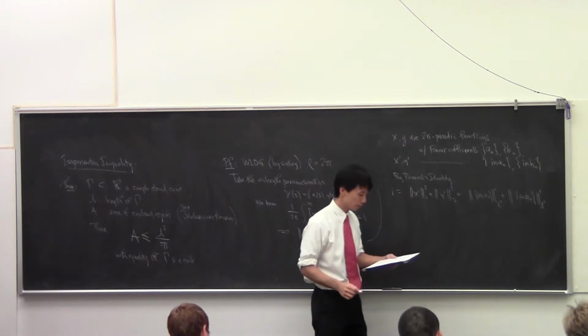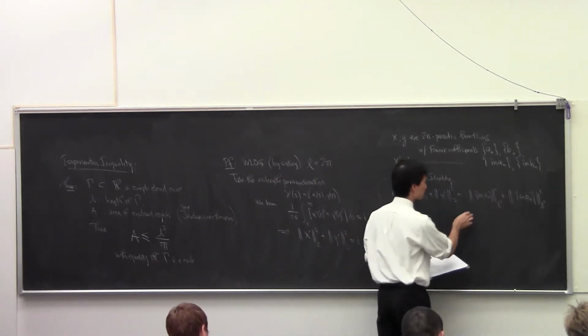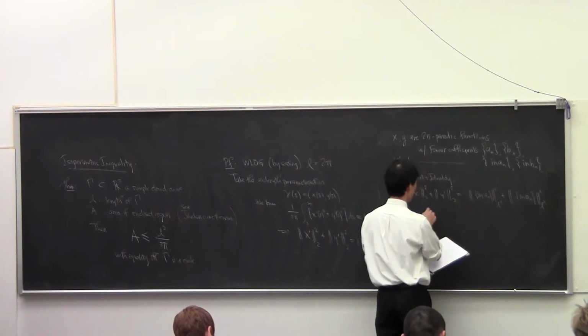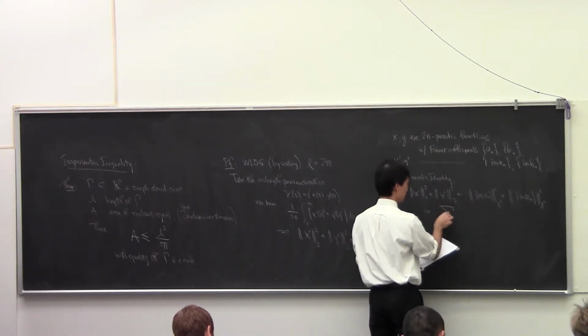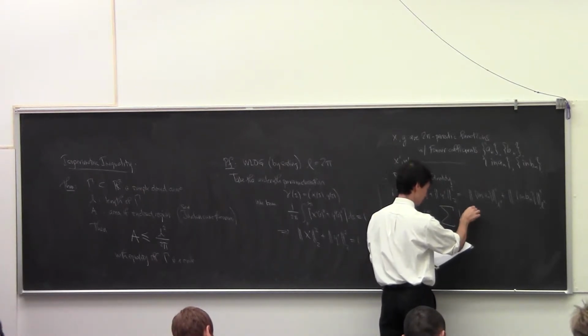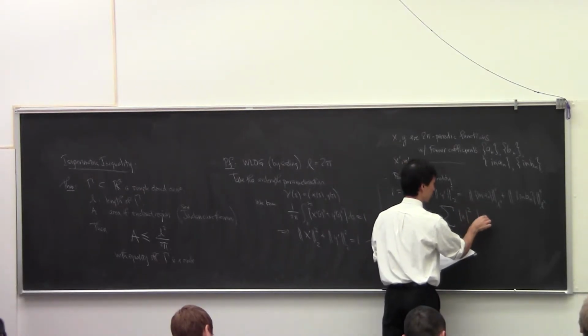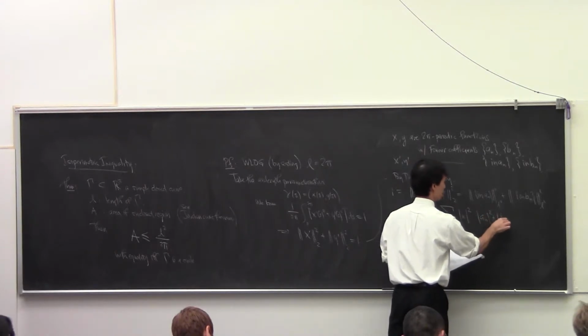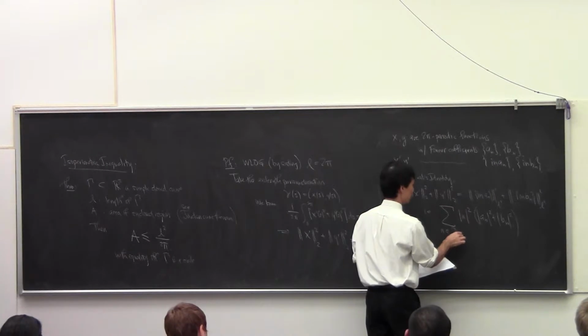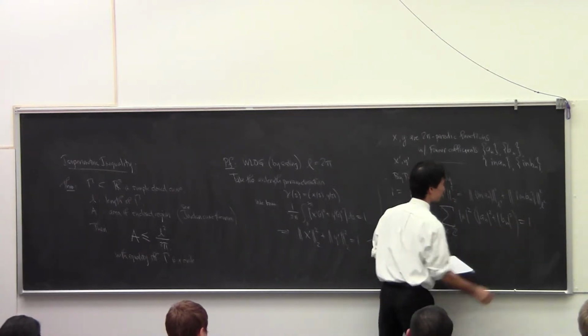That's what Parseval tells you. So, in other words, we get that the summation of n squared times a n squared plus b n squared, as everything is over Z as well.